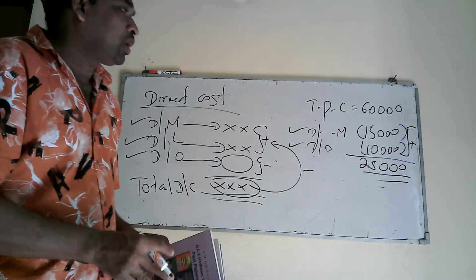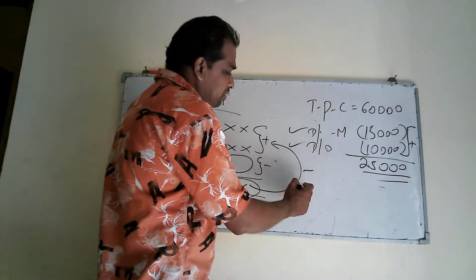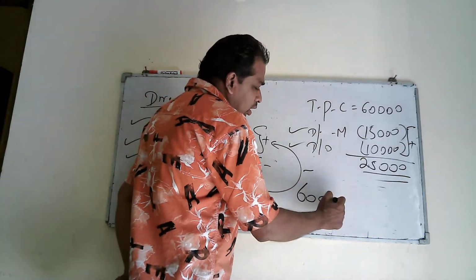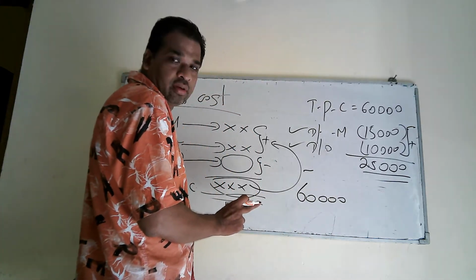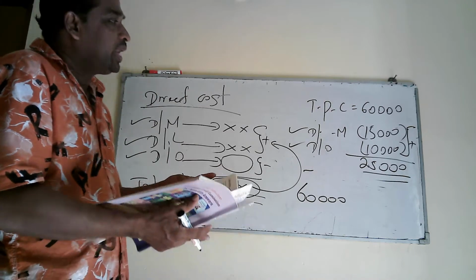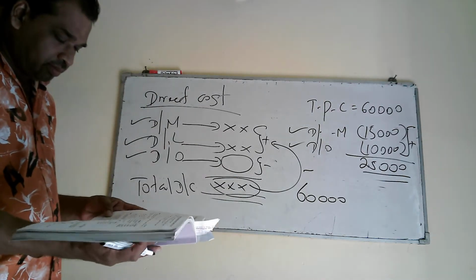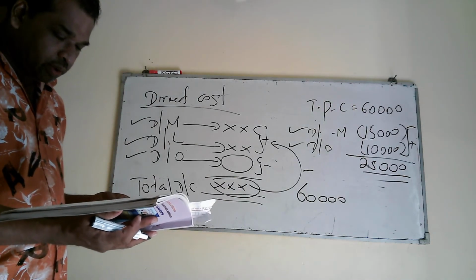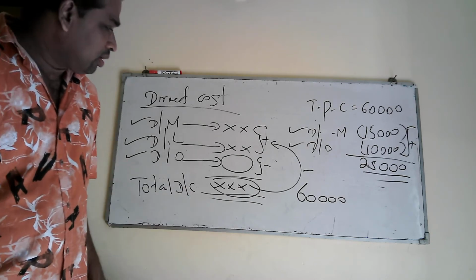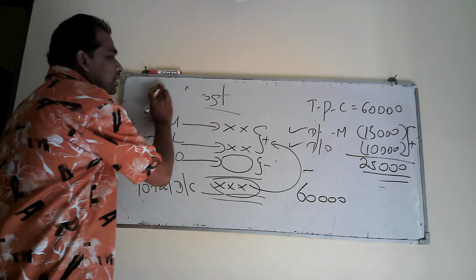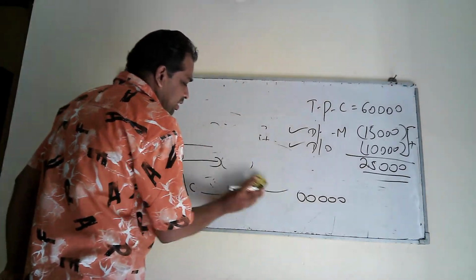Because 60,000 is the total cost. Then here you are given total production overhead 20,000. You can apply any method.